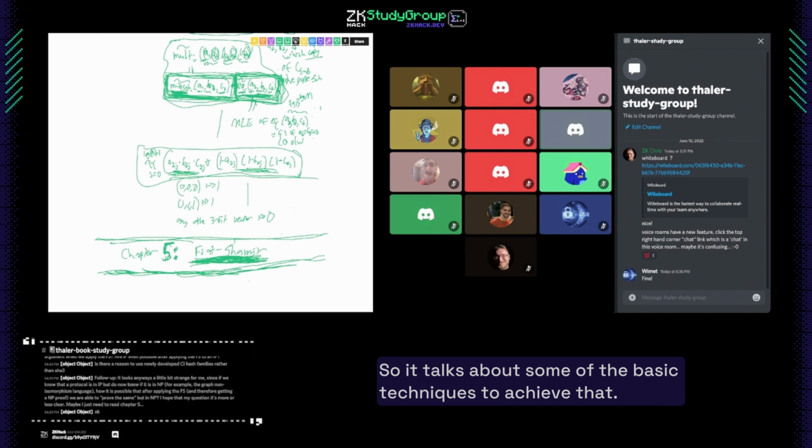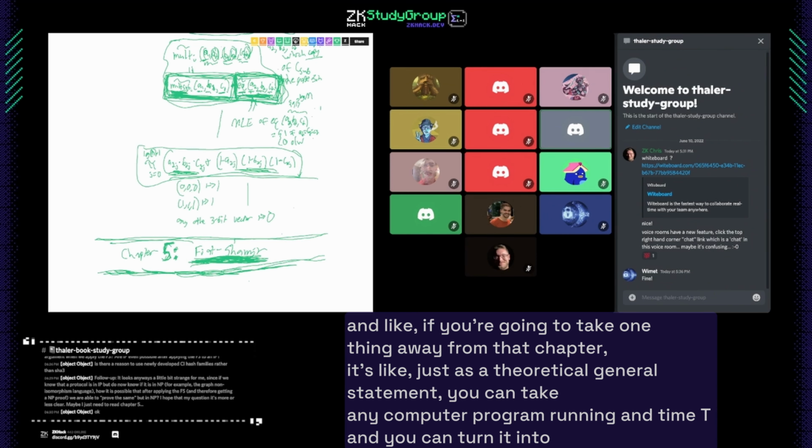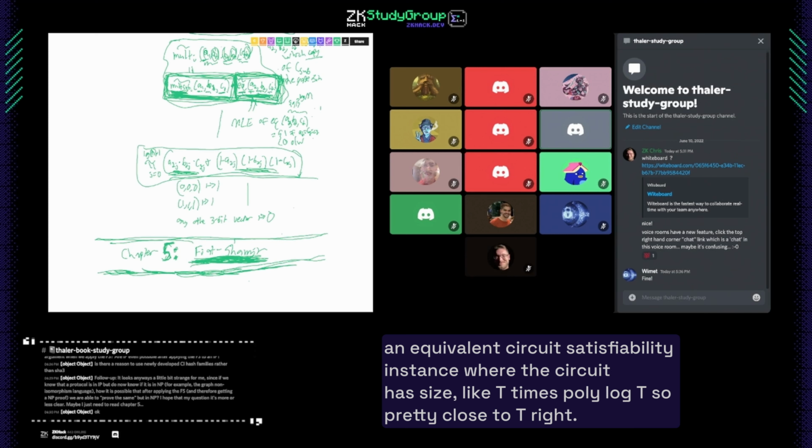So it talks about some of the basic techniques to achieve that. If you're going to take one thing away from that chapter, it's that as a theoretical general statement, you can take any computer program running in time t, and you can turn it into an equivalent circuit satisfiability instance where the circuit has size t times polylog t. So pretty close to t.